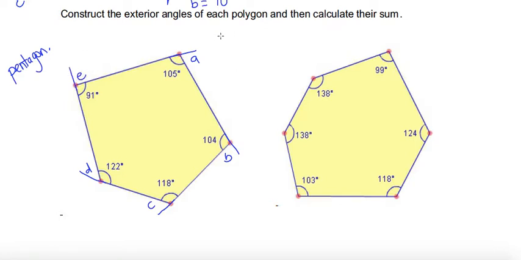So A is 180, take away 105, so A is equal to 75 degrees. B is equal to 180, take away 104, so B is 76 degrees.